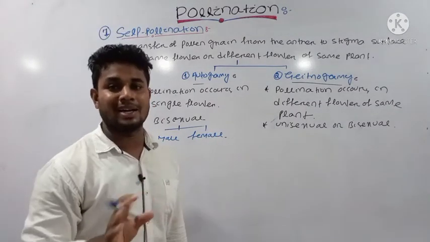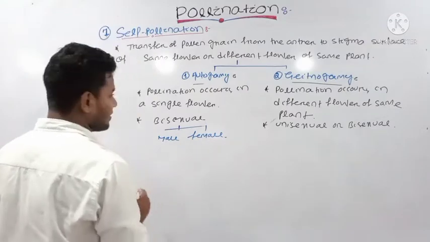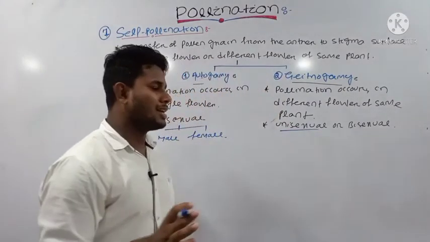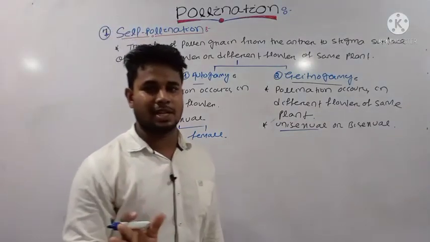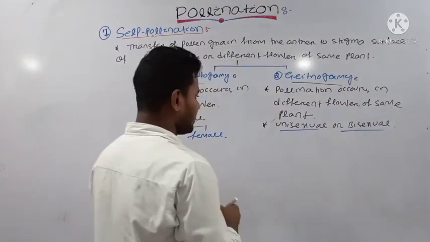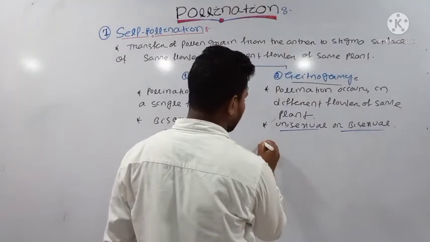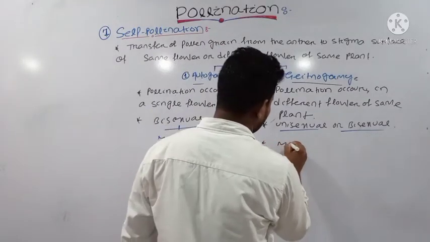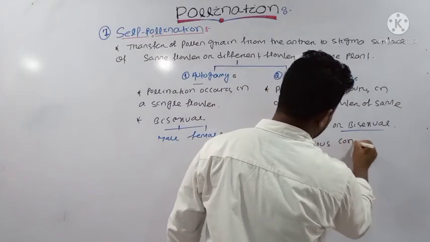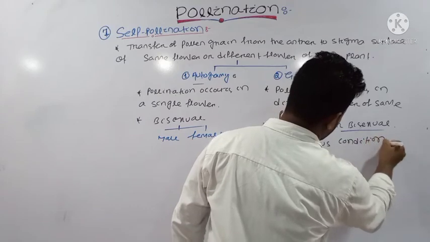Unisexual means either male or female is absent. But here, the flower may be unisexual or bisexual, but it is always a monoecious condition.